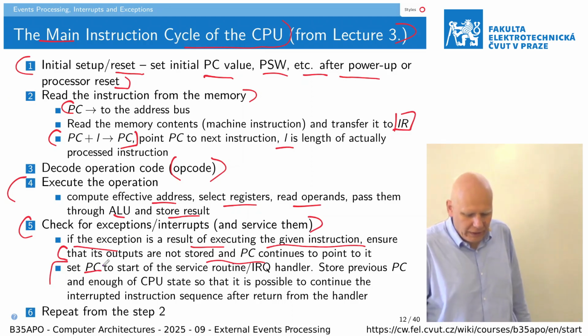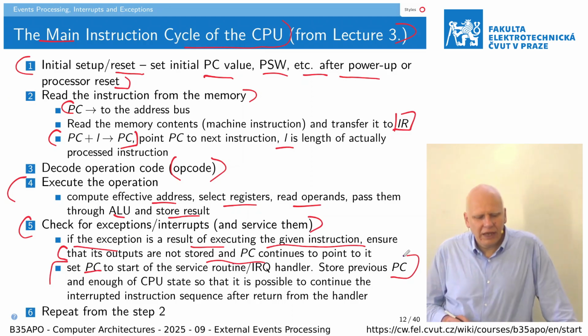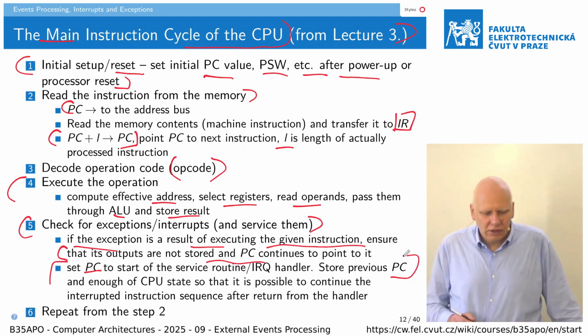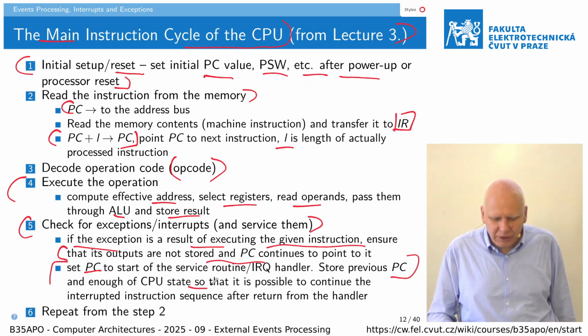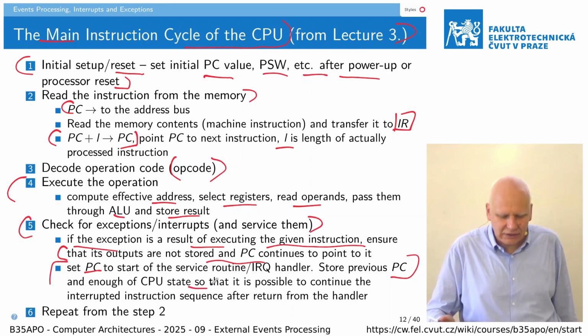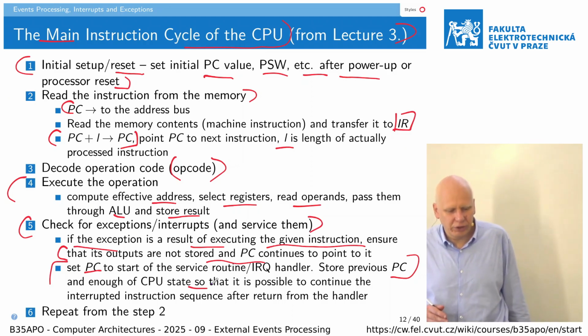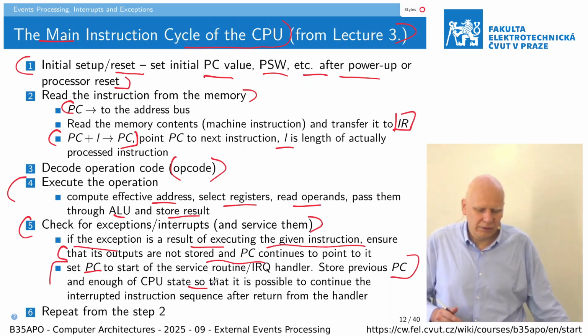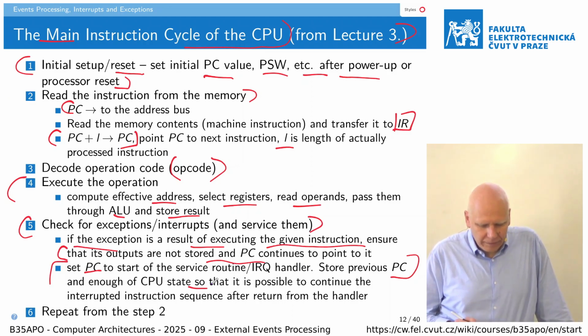And we store the previous program counter and enough of the processor state so that it is possible, after servicing the interrupt, to continue from exactly this point, and for example restart the processing of the instruction.